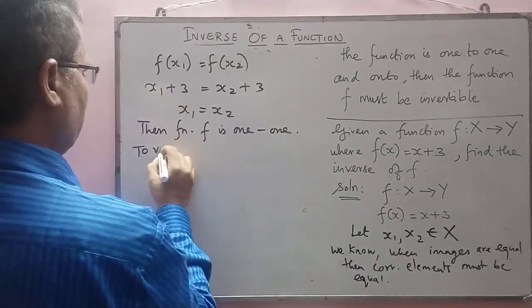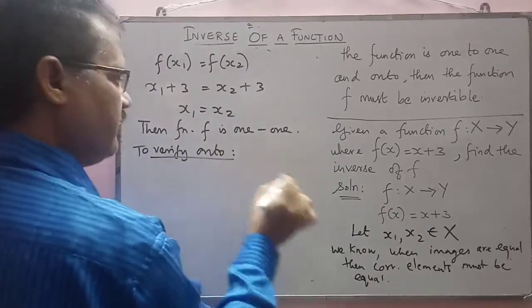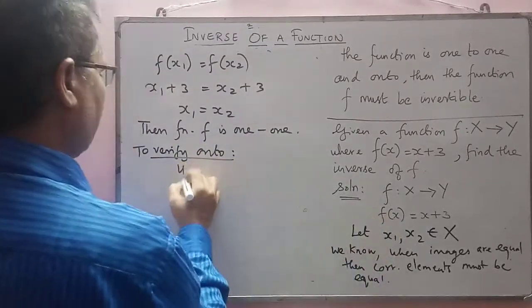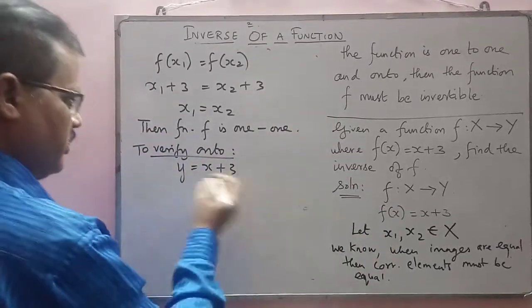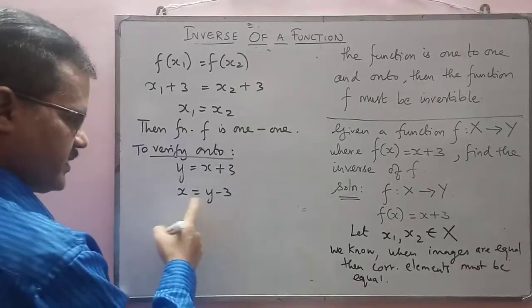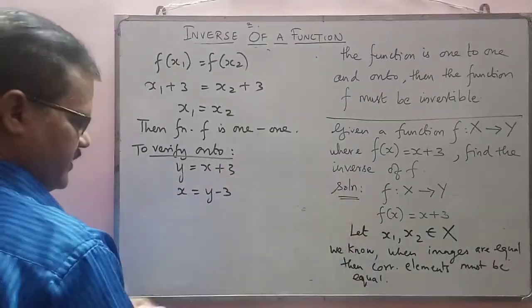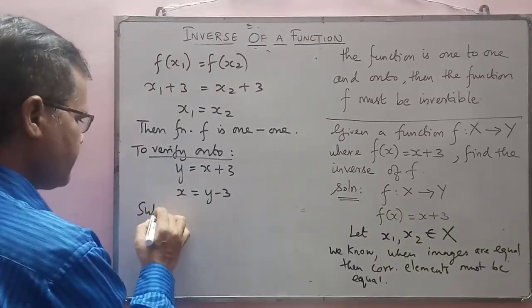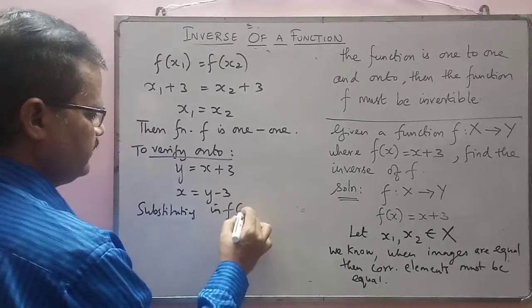To verify onto. If it is 1 to 1 and onto, then you can say the function is invertible. Now take the question y equal to x plus 3. The same what we did in that method we will do here. You solve this for x equal to y minus 3. Okay children, x equal to y minus 3. You substitute this x in f of x.